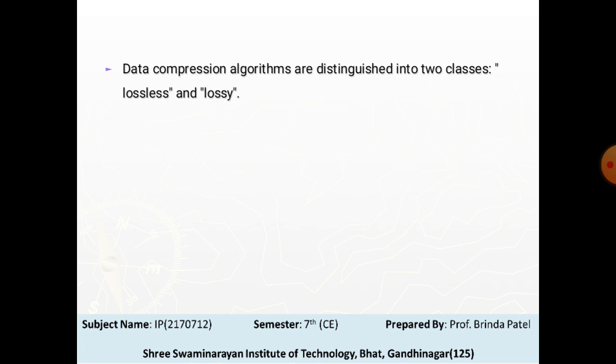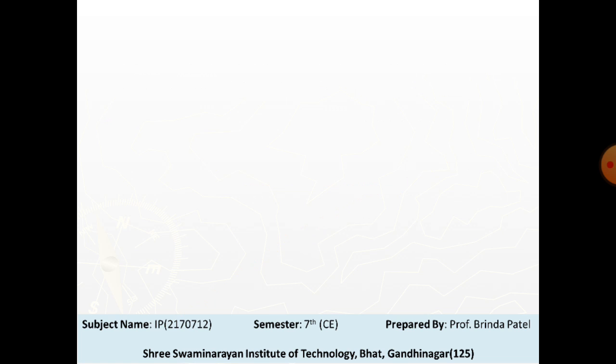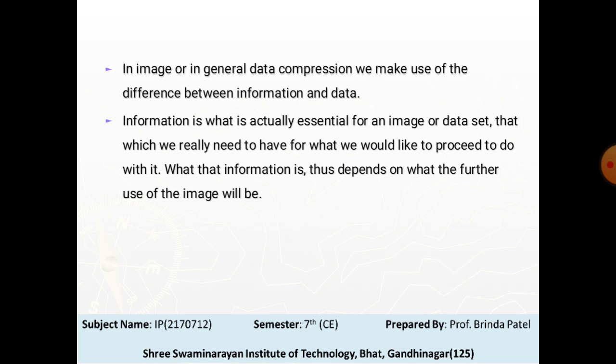What that information is depends on what the further use of the image will be. So whether a satellite photo is used by an agriculture specialist to check the cultivation of crops, or by a geographer to map the urbanization of rural areas, the relevant information in the image is different for each purpose.